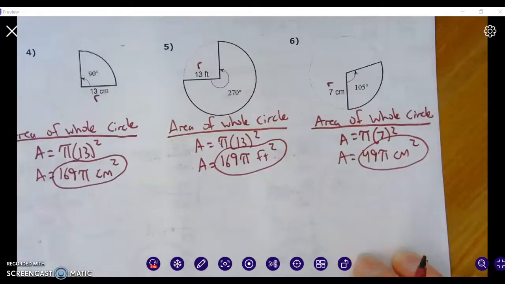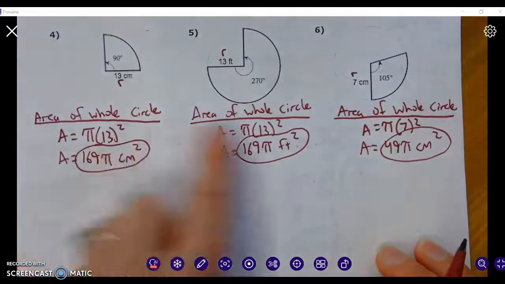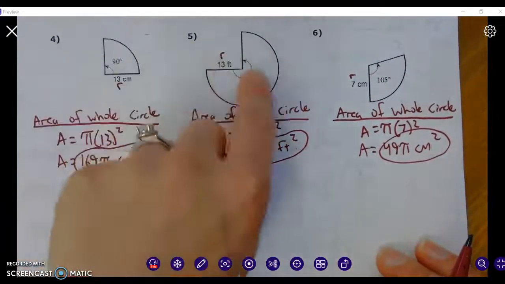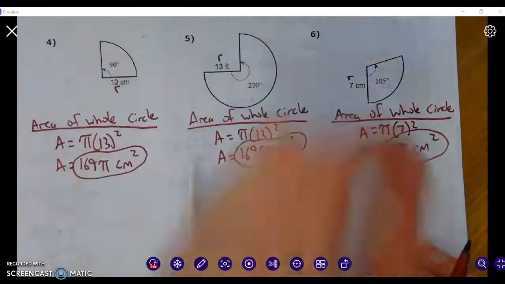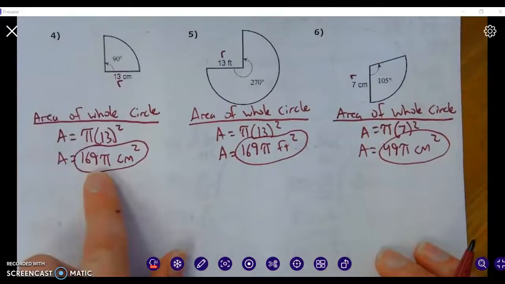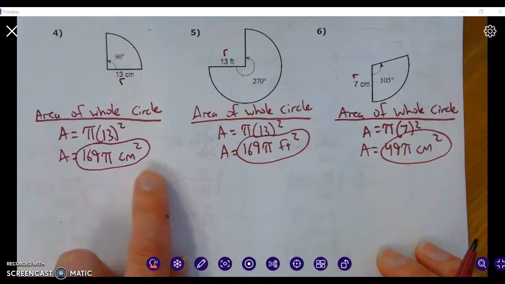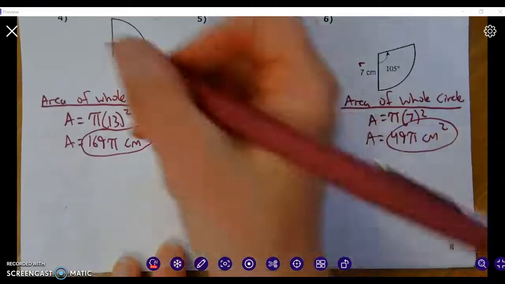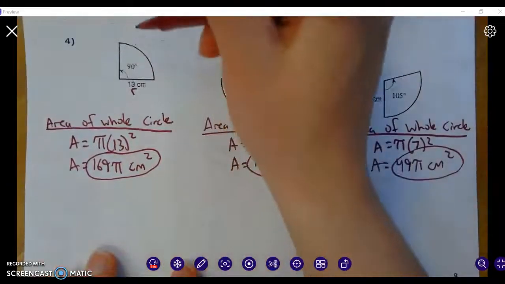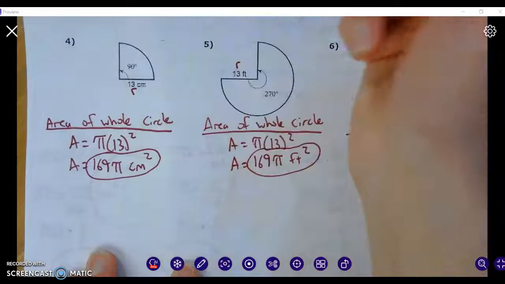Okay, so now these are not our final answers. That was just the area of the entire circles. But you can see that we have just sections that are highlighted. So what we're going to do now is take our answer and figure out what just the section is. So to do that, first if we look at this, 90 degrees.